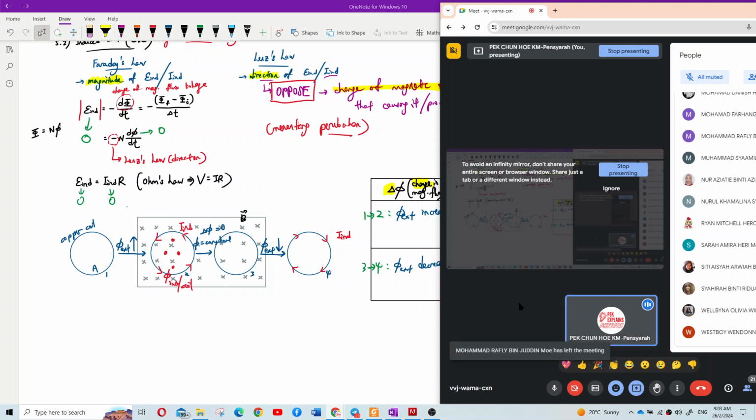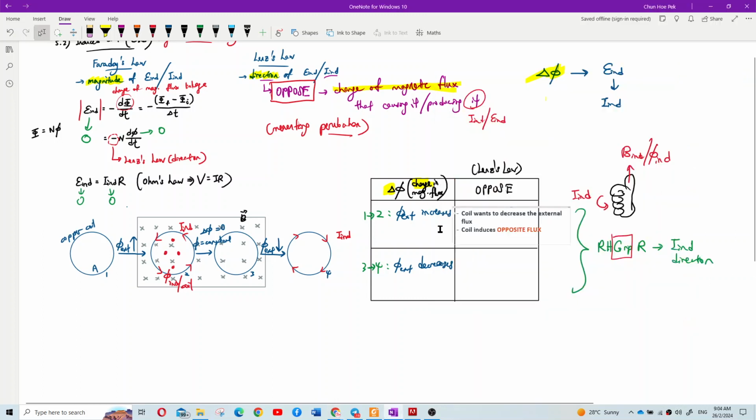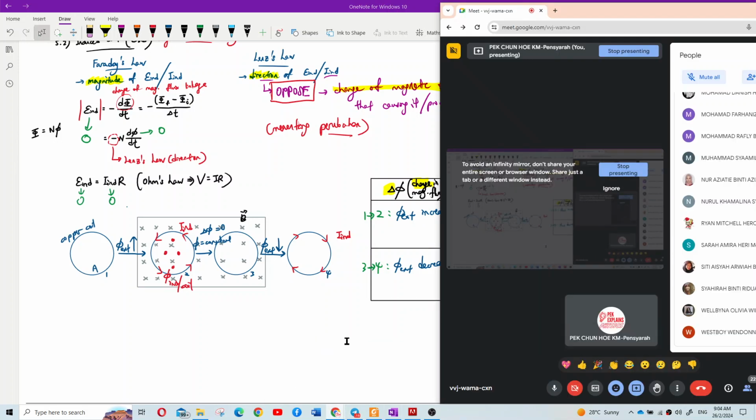Don't waste the time. Your finger points in what direction? Your forefinger? Out, sir. Your thumb is pointing out of the page, so your forefinger points in what direction, class?